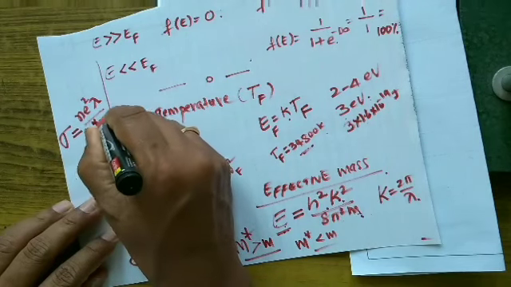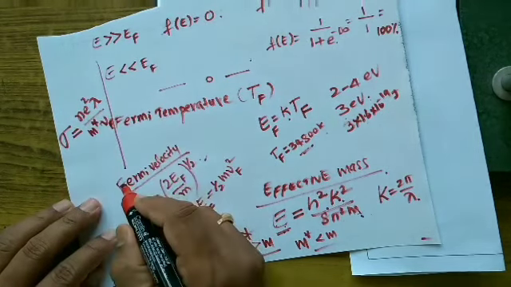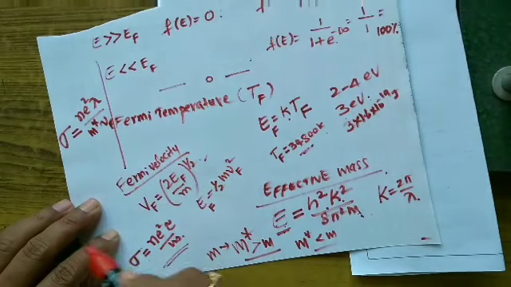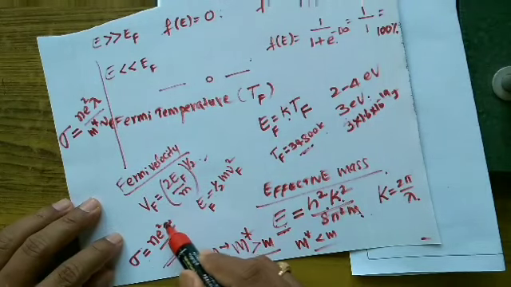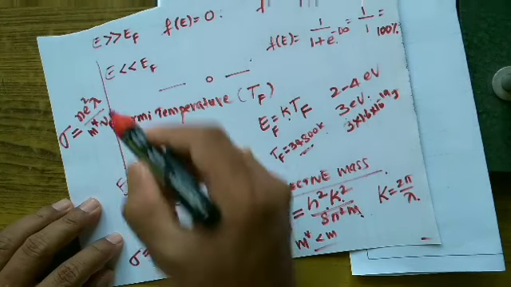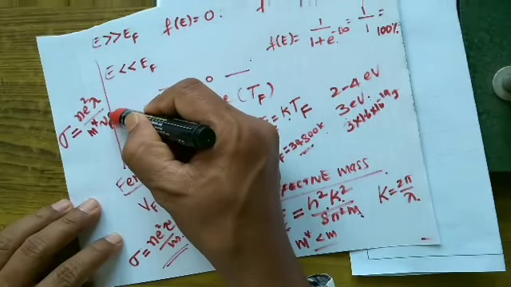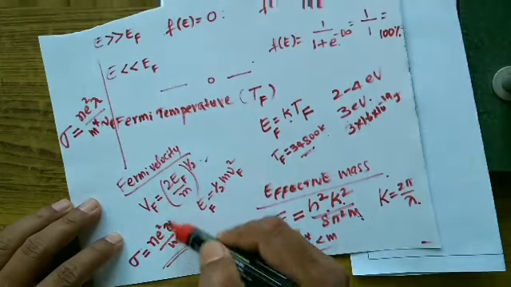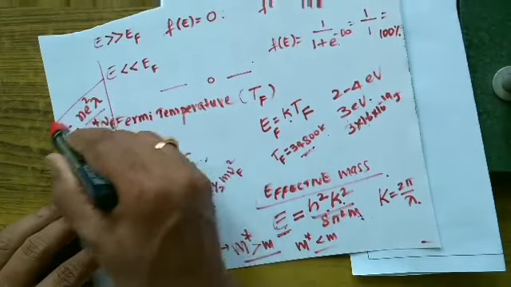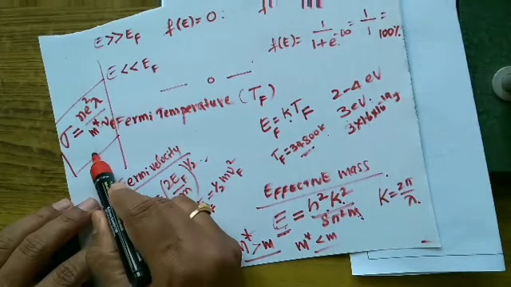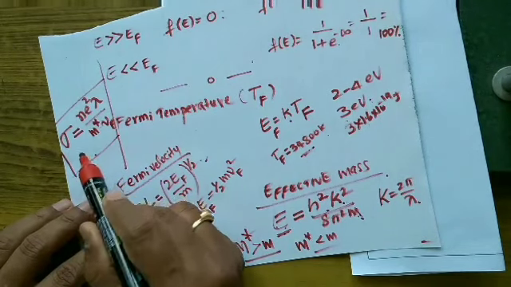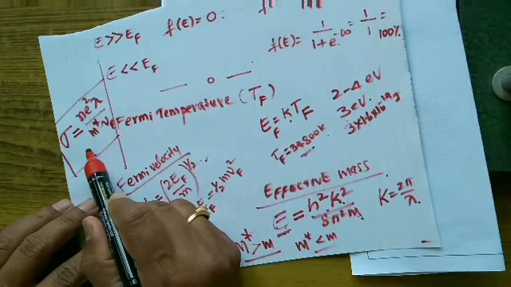Here Vf is the Fermi velocity. One can observe that tau, the relaxation time, is replaced by the ratio lambda by Vf, and m is replaced by m star. This is the modified expression for the electrical conductivity of metals or conductors based on the quantum free electron theory.